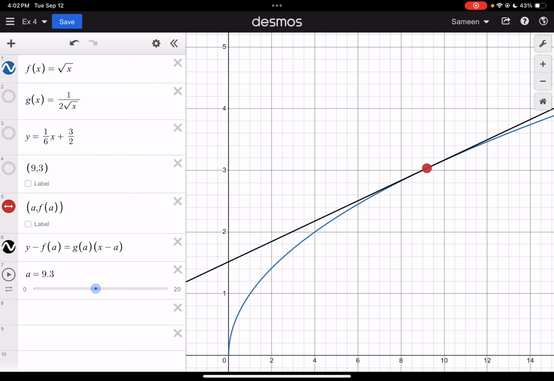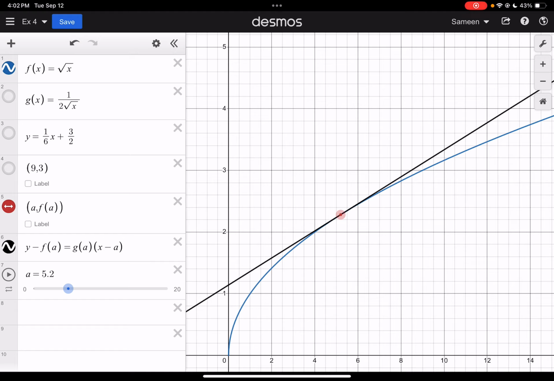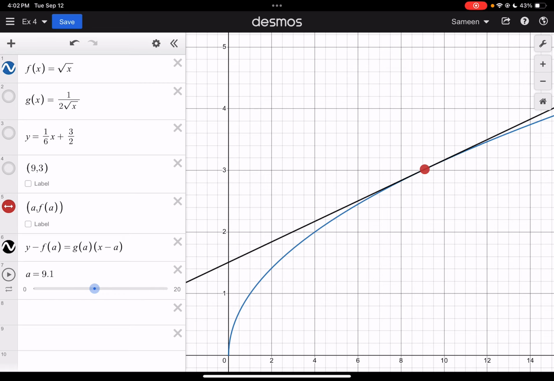That's this red point that's moving along the curve. And you can see at the bottom the actual value for a. a is 5.2. I can put it over here where a is 9. And there's my slope of 1/6. If you were to count the rise over run, you're going to get 1/6.